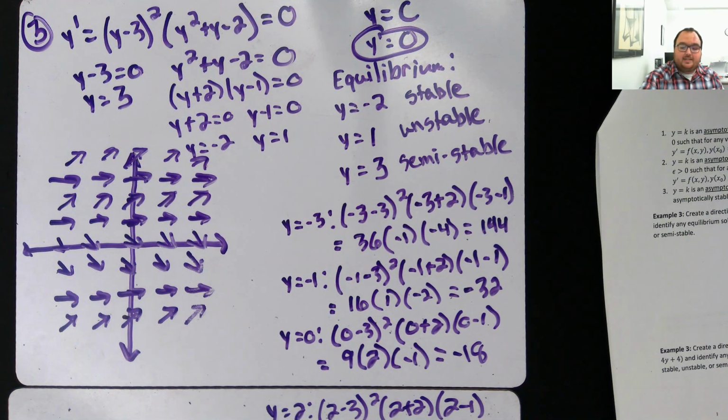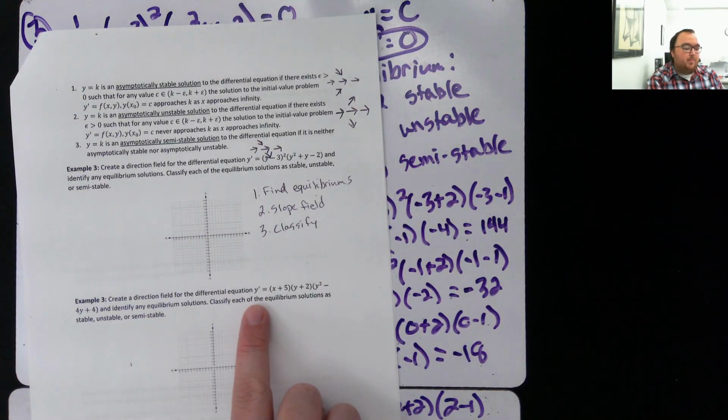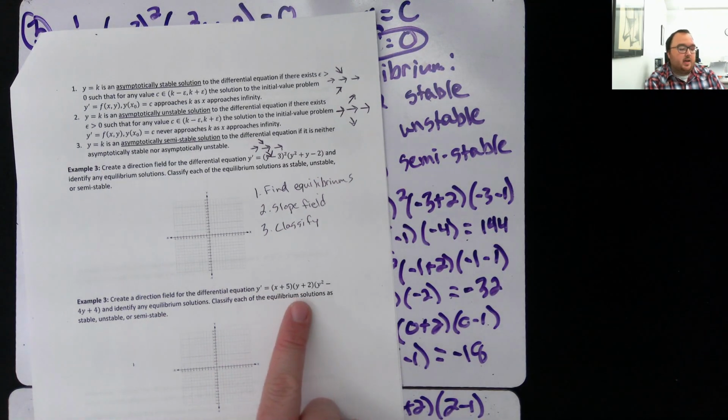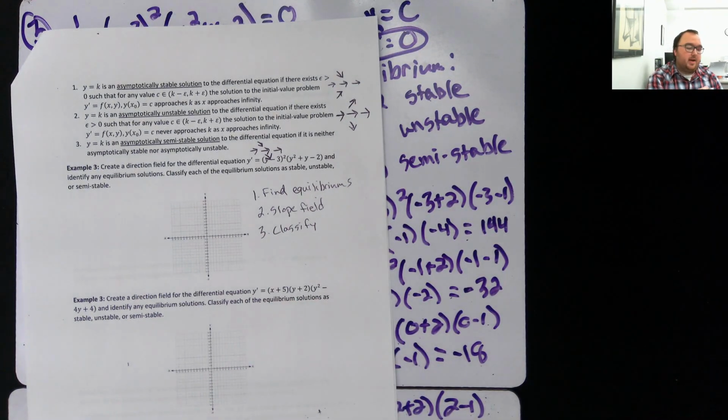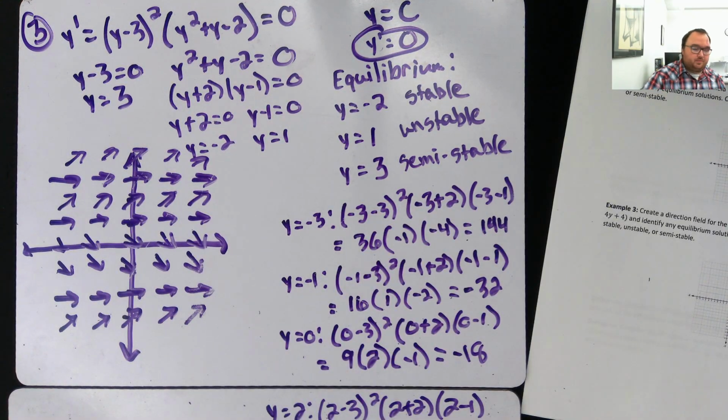The last example is example number 4. It's the same thing, but this time it's going to be y prime is equal to x plus 5 times y plus 2 times y squared minus 4y plus 4. But we're going to do the same thing.